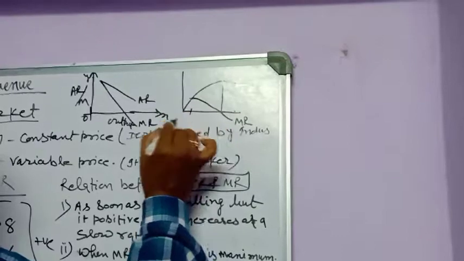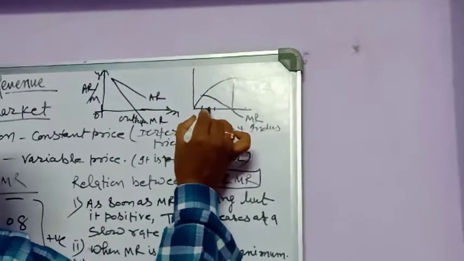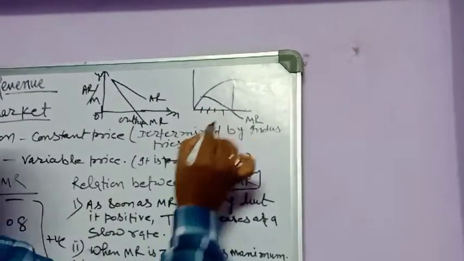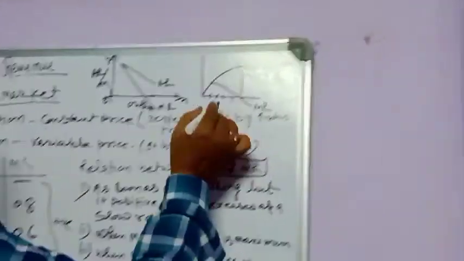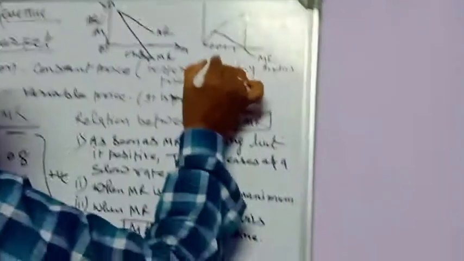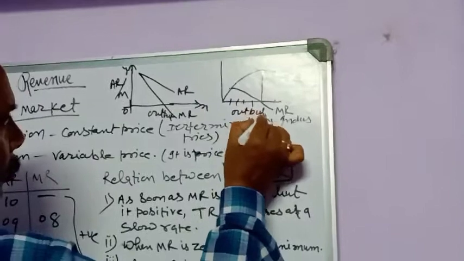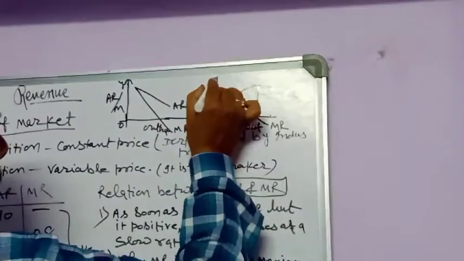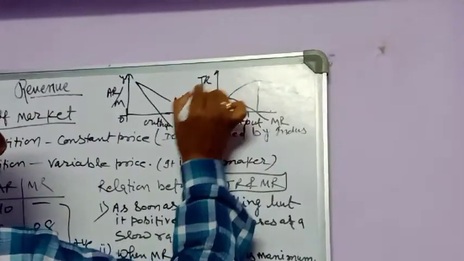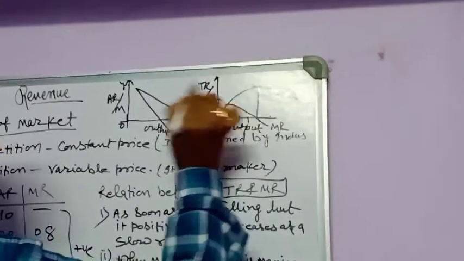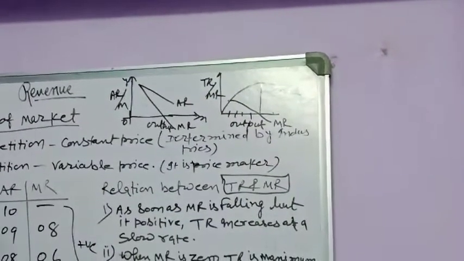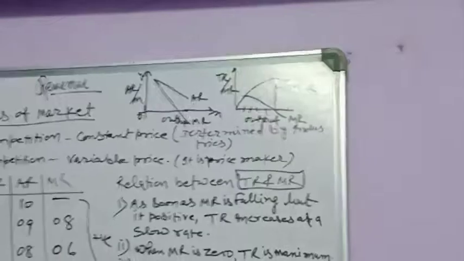This is the output 1, 2, 3, 4, 5 and so on. This is the TR and MR. So I think you are able to understand this topic. Okay, thank you.